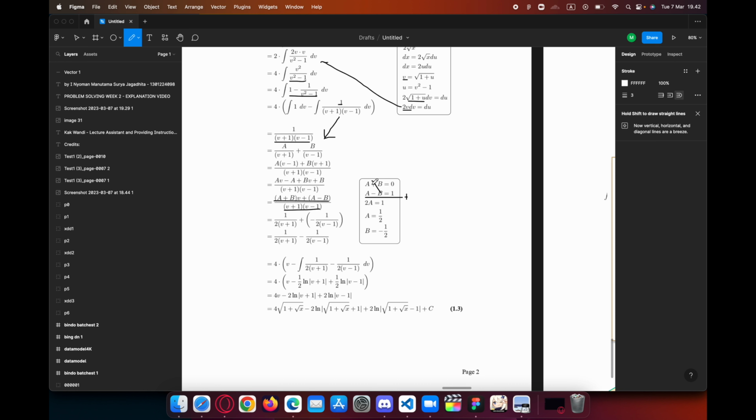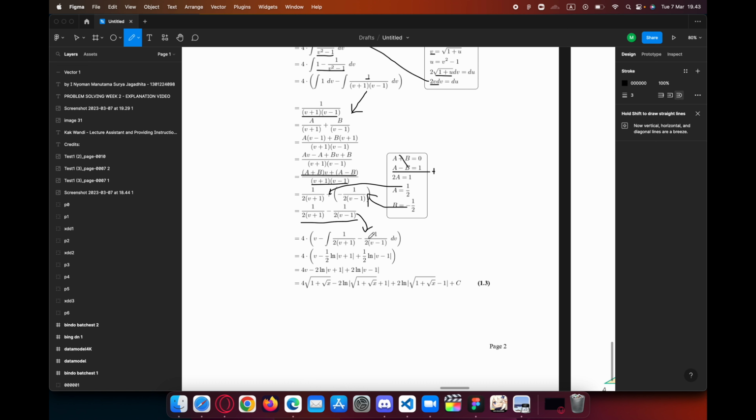Since a plus b is equal to 0, a is equal to minus b. So minus b is 1 over 2, so b is minus 1 over 2. So just substitute this to here and this to here. We got this, substitute this to here.